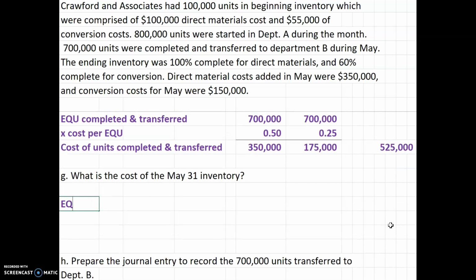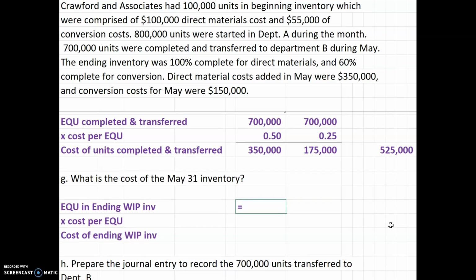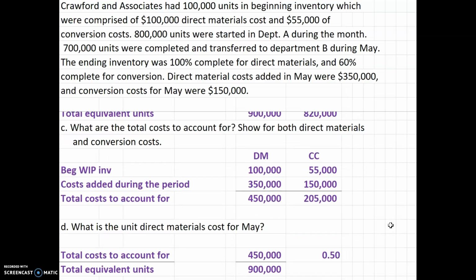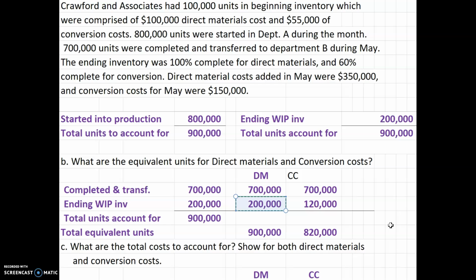So we need the equivalent units in ending work in process inventory. We're going to multiply that by the cost per equivalent unit, and that'll give us our cost of ending work in process inventory. So for direct materials, the equivalent units in ending work in process was 200,000.